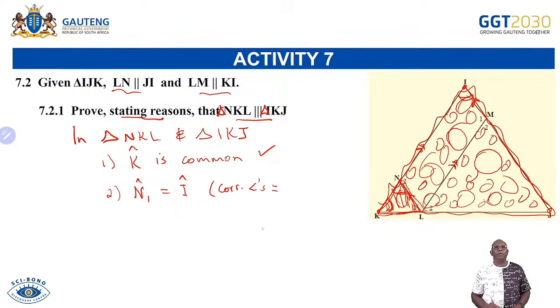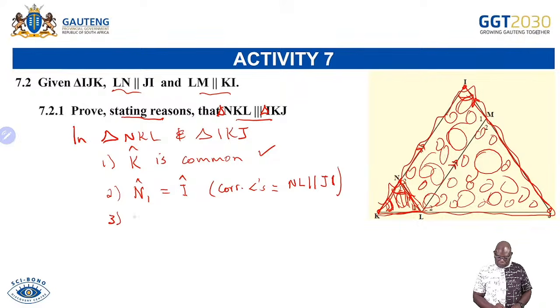They are equal. But now I must write down the lines that are parallel, NL and JI. Okay, good. If you don't write these parallel lines, you're not going to get a mark for this. If you write corresponding angles only, you're not going to get a mark if you don't write parallel.